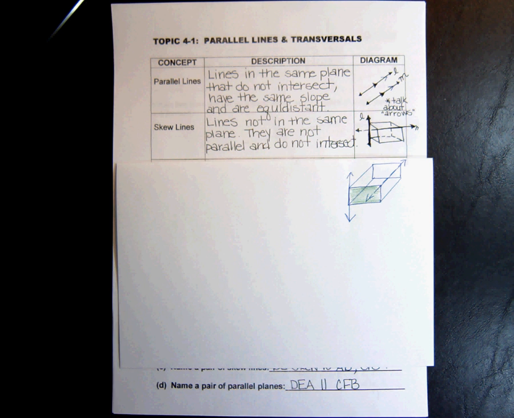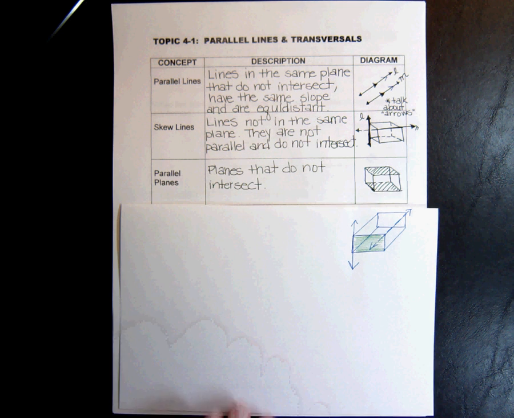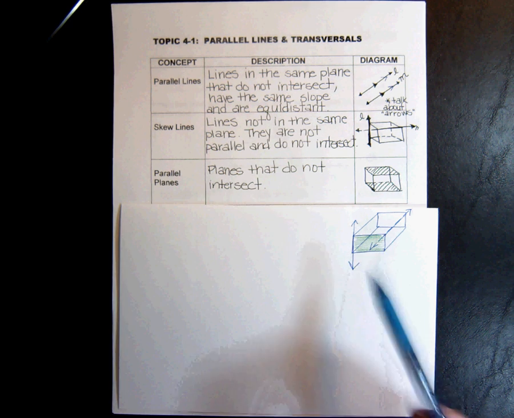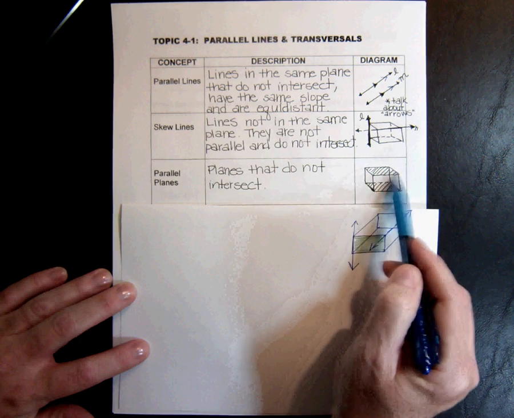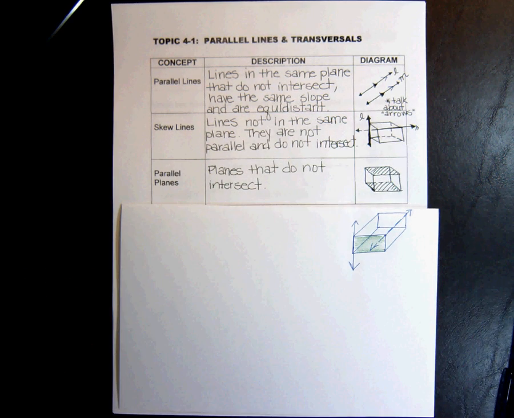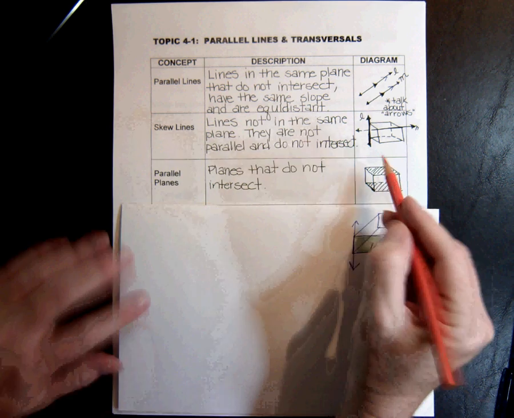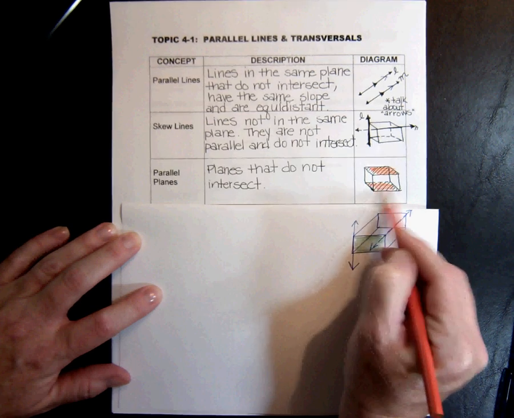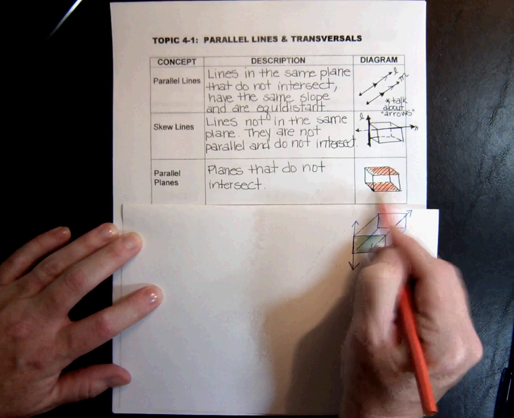Skew lines. Parallel planes are planes that do not intersect. So again, if you draw a rectangular prism, you can shade the top and the bottom of your picture. This would have two parallel planes. Highlight a little bit darker. So these are parallel to each other.